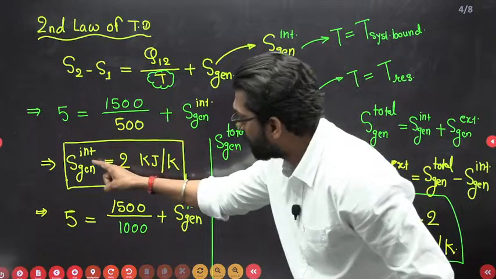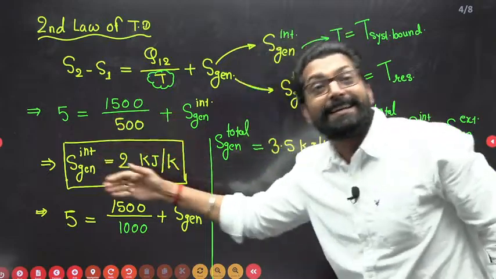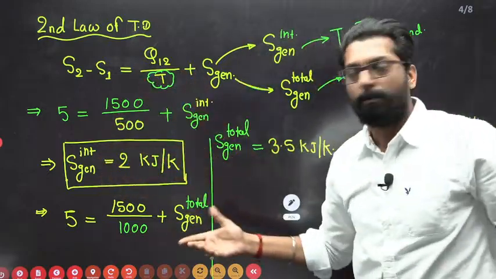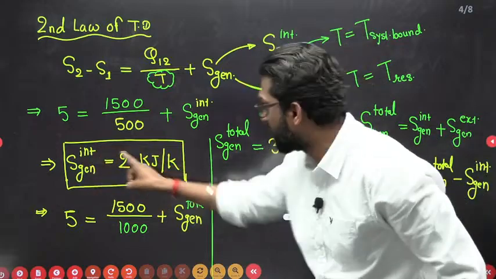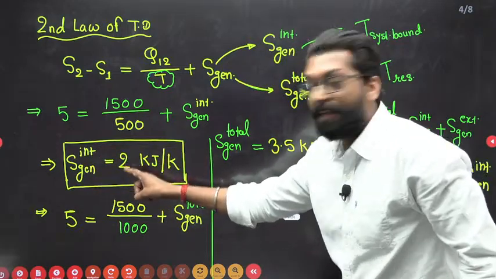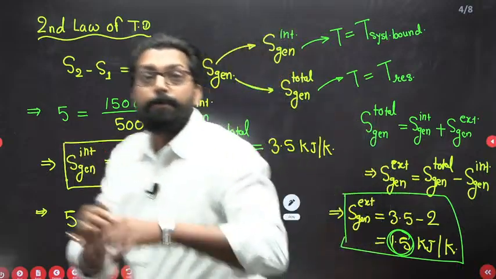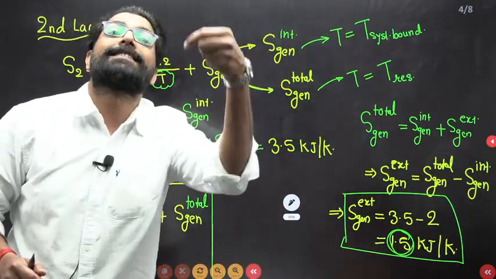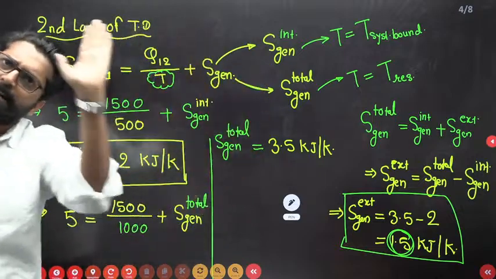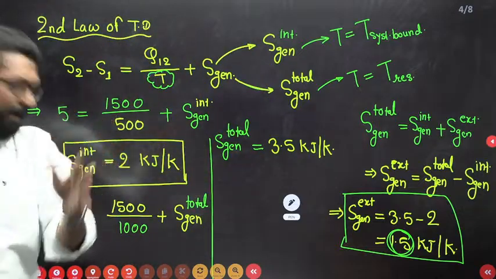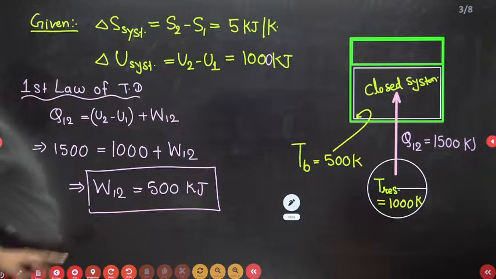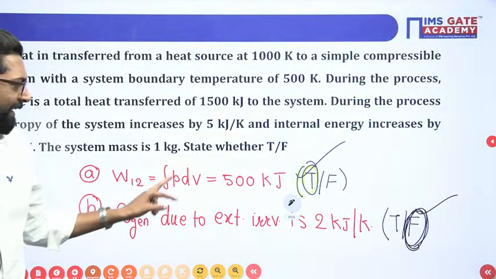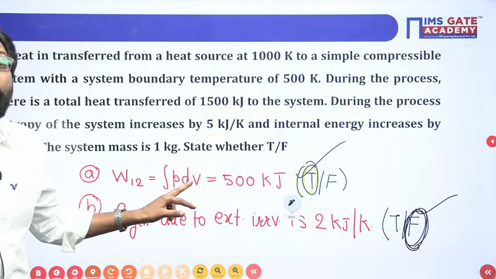But in this question there must be a generation, that means greater than 0. So you are not applying work transfer equal to integration PDV. Yes, work transfer is equal to 500, correct. But in this question, intentionally work transfer equal to integration PDV is put. That is wrong.